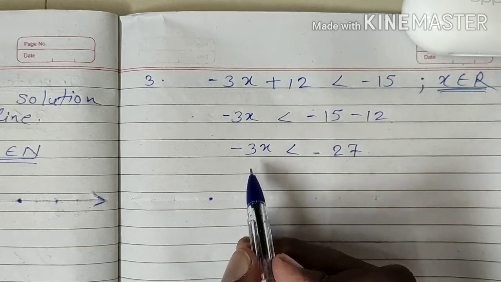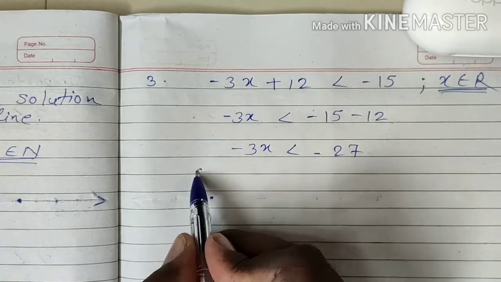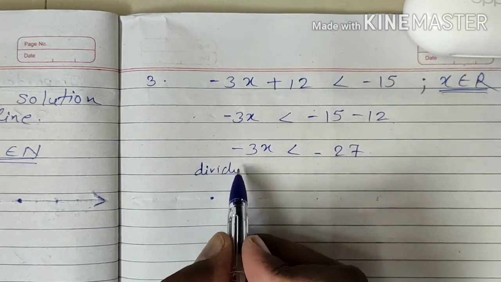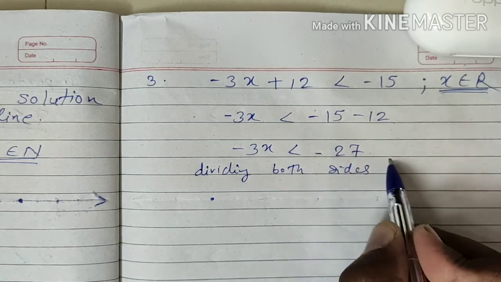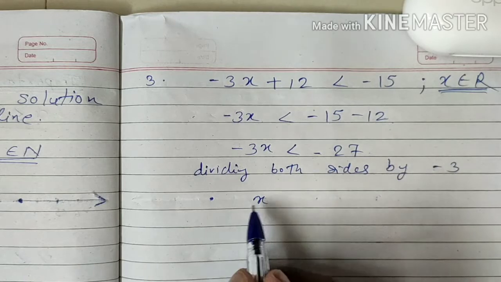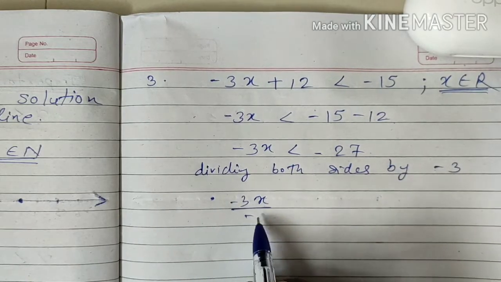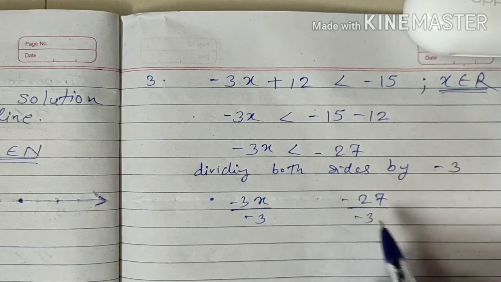Okay, now to remove this -3 which is along with the x, dividing both sides by -3. So -3x divided by -3 and -27 divided by -3.